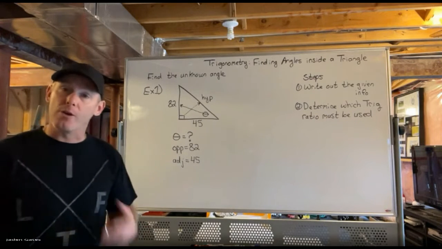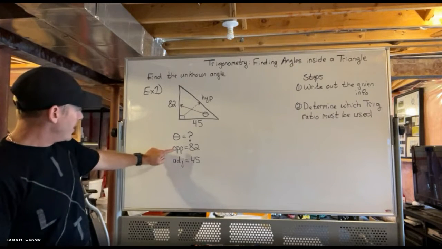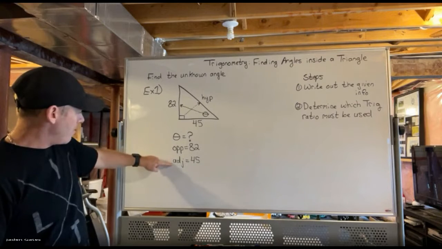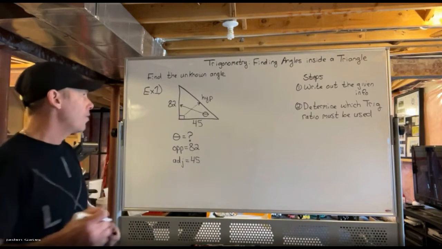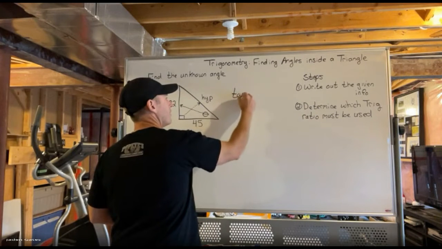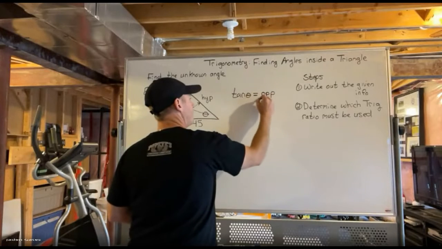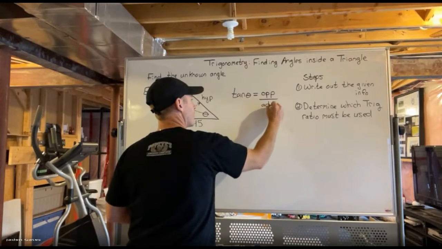The last one, tan on arms. There we go. I got my O and my A. So the tan ratio is what we're going to be using. So I have tan theta, on arms, so I have my opposite divided by my adjacent.